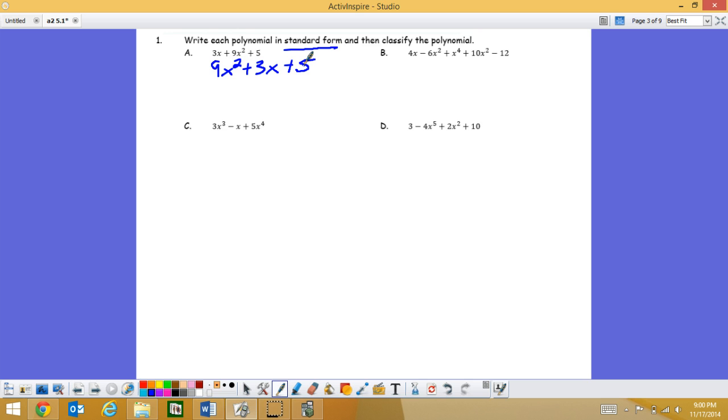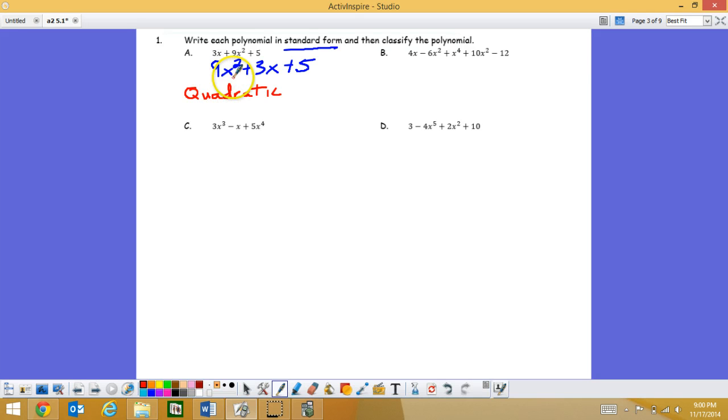Now, since that highest exponent is 2, a second degree polynomial is called a quadratic. So this one is a quadratic, and then we go by how many terms we have.